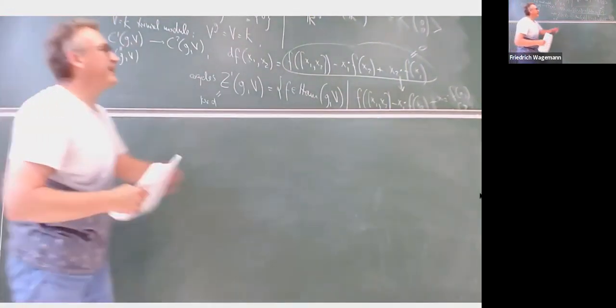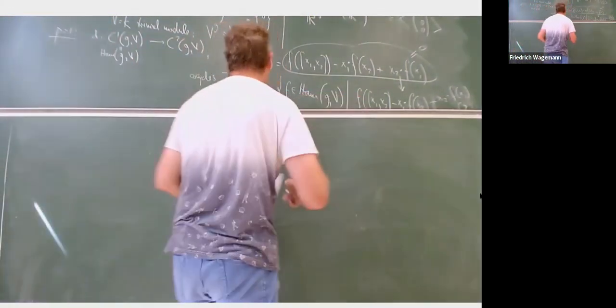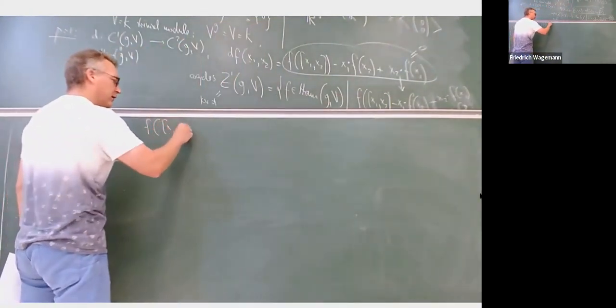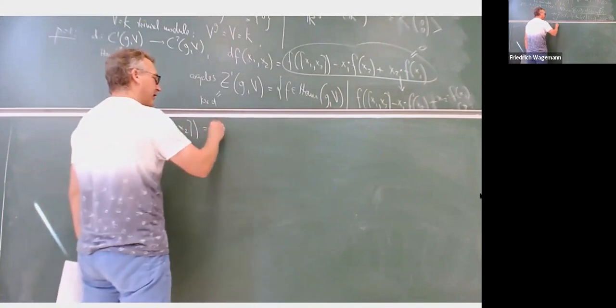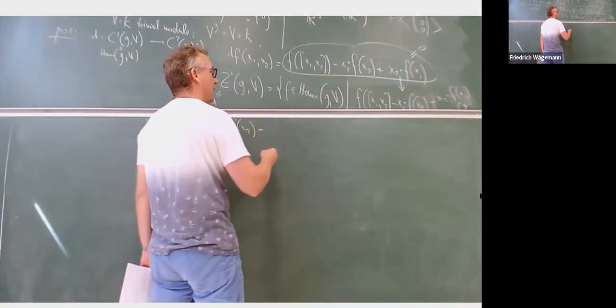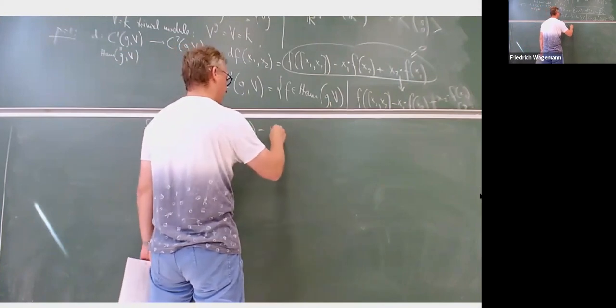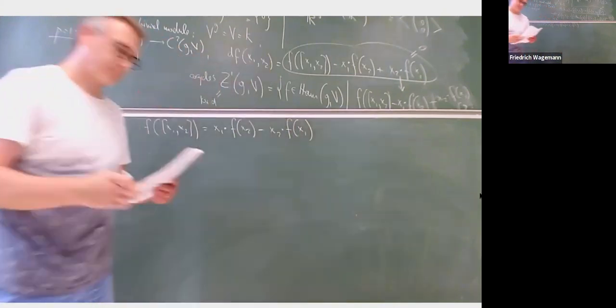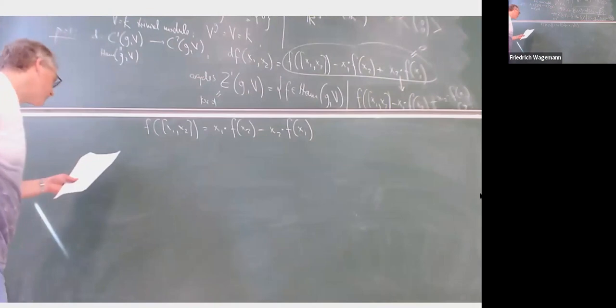And what does this mean? Yeah, so this is kind of a derivation property. Write it like this: f of the bracket [x1, x2] is x1 acting on f(x2) minus x2 acting on f(x1). Yeah, so this is a derivation property.